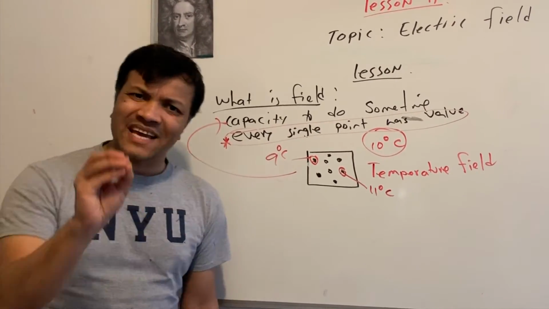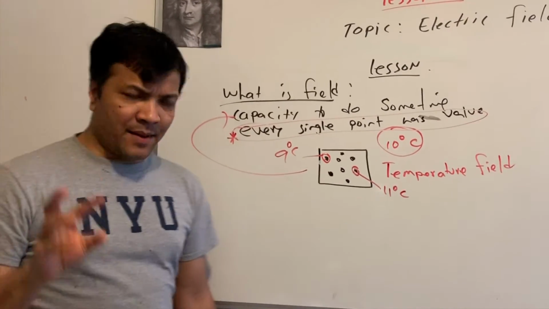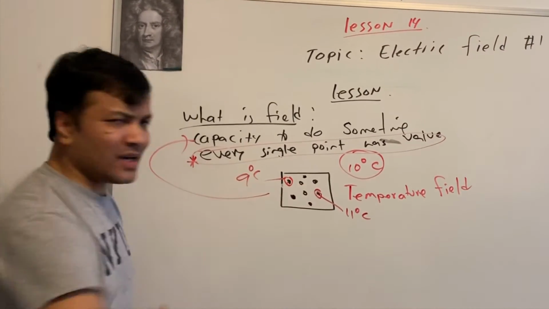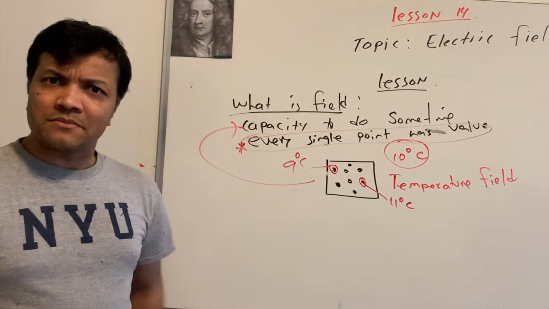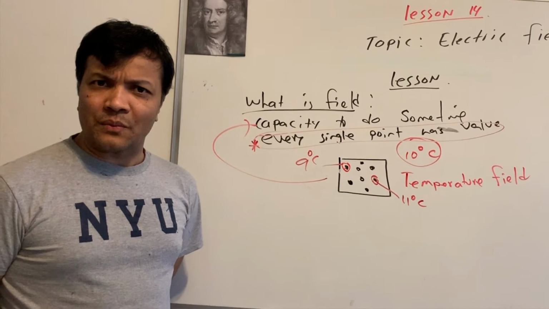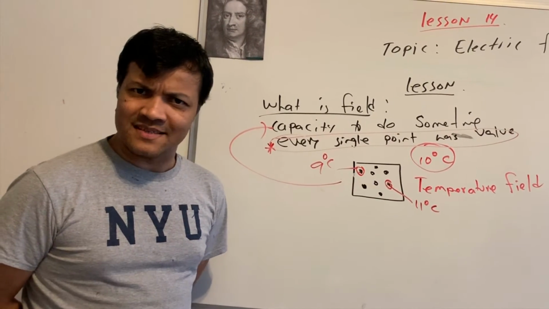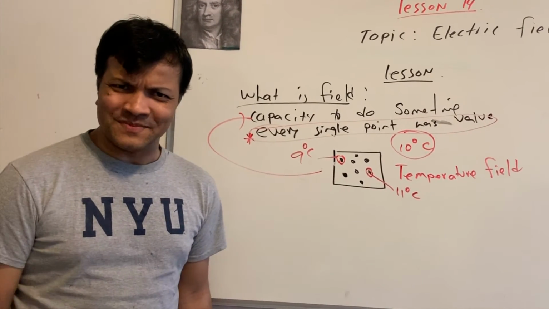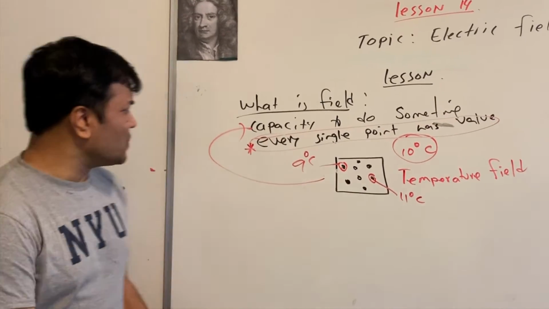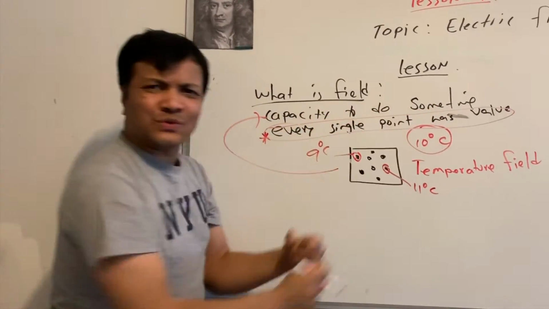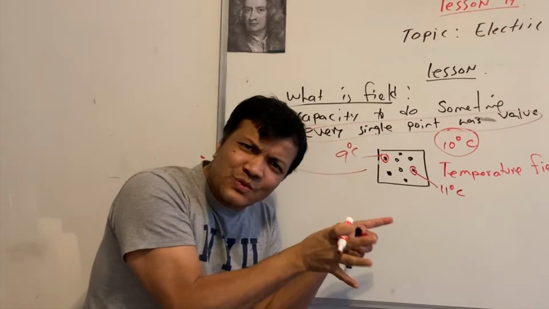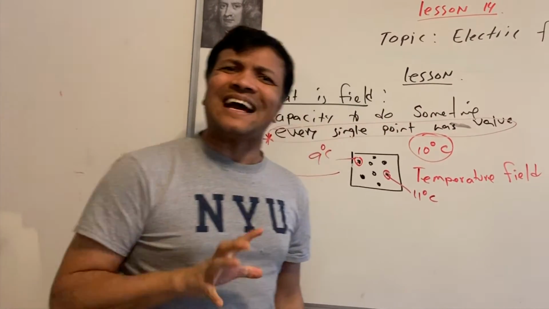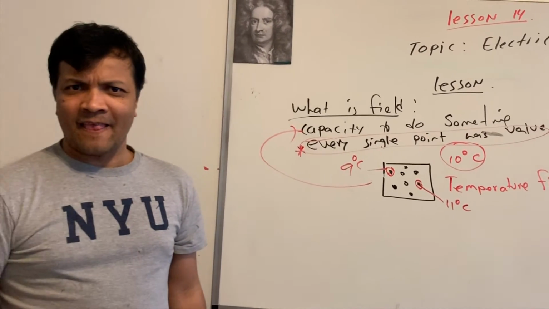But if you bring ice from the kitchen and put the ice very close to the heater, what do you expect to observe? The ice will probably melt. So this temperature field has a capacity to do something if you place something that it interacts with.